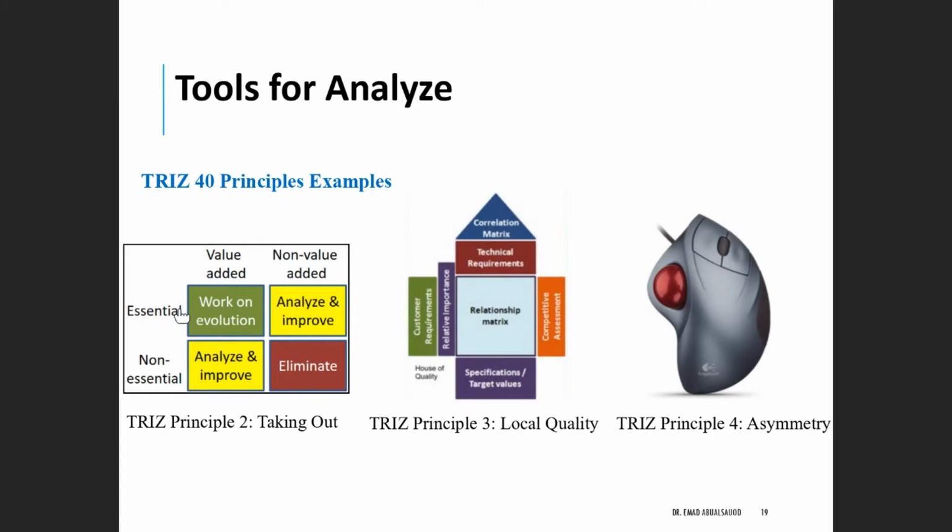So if it's both value added and essential, then you work on this and you have to consider it as a primary objective. If it's essential and non-value added, then here you have to improve and analyze and find what's happening.